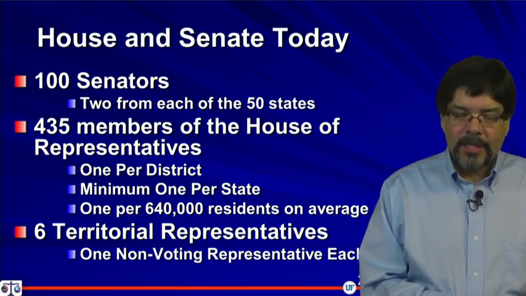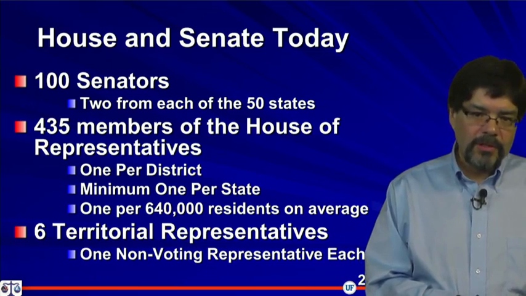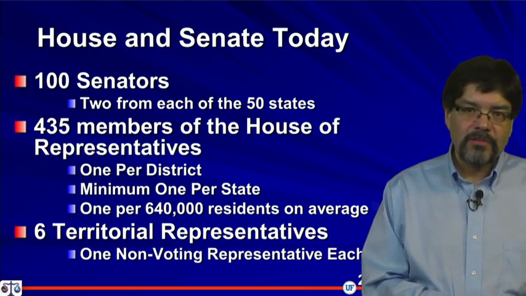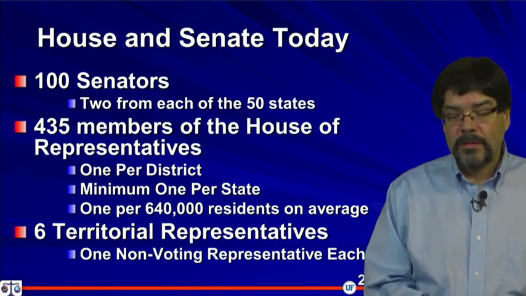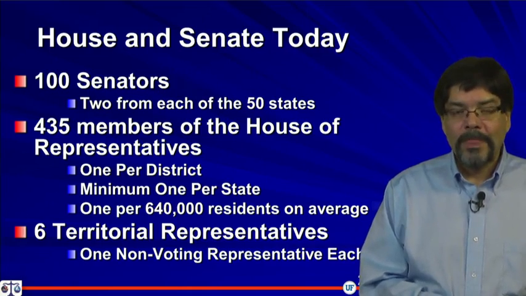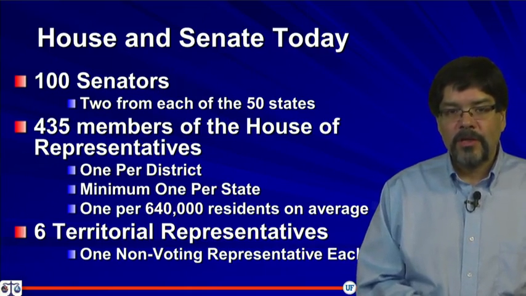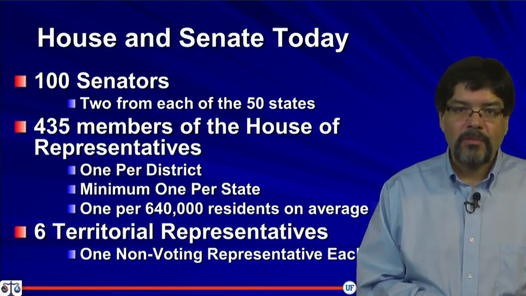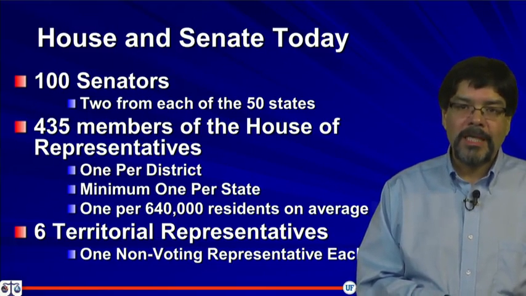There are also 6 territorial representatives who represent the territorial possessions of the United States. In addition to the 50 states, the United States has legal authority under the Constitution over 6 territorial possessions, and those territorial possessions are given one non-voting representative in the House.